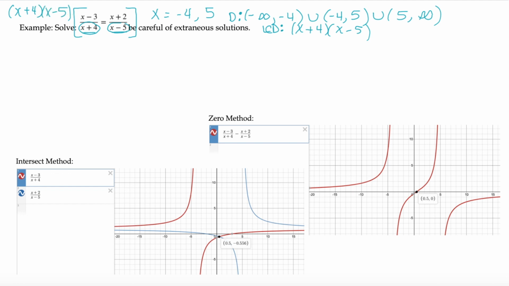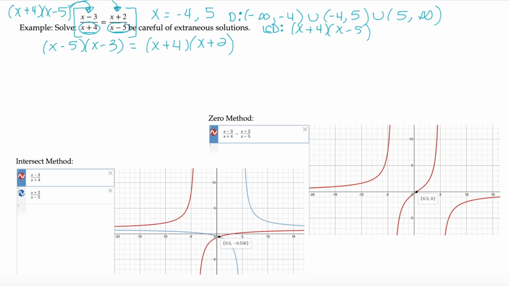When I multiply my first term by x plus 4, x minus 5, I know that my x plus 4s will eliminate because they are a common factor and everything is being multiplied together. All we are left with is x minus 5 times x minus 3. When I multiply by the right-hand side, this time my x minus 5s disappear, and I'm left with x plus 4 times x plus 2.